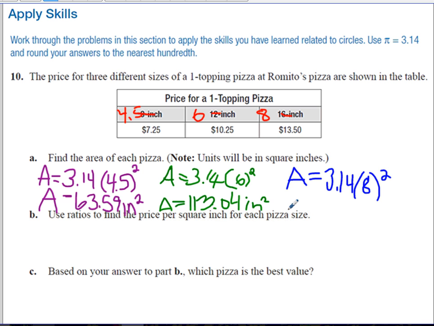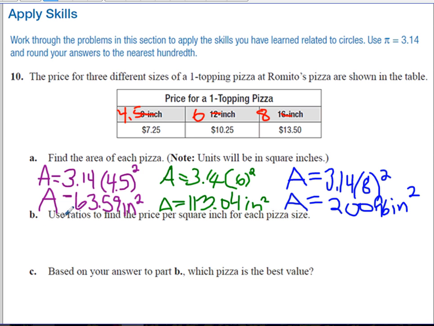I'm trying to use the touchpad of my computer to write, which is kind of difficult. But we get 296 when we type this into the calculator. And again, that's in square inches. So now we have our area.